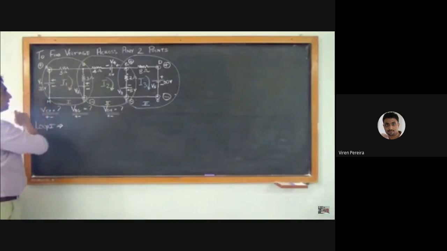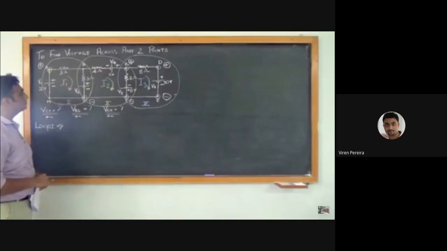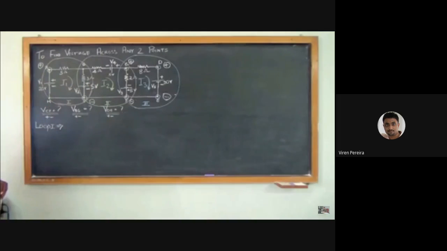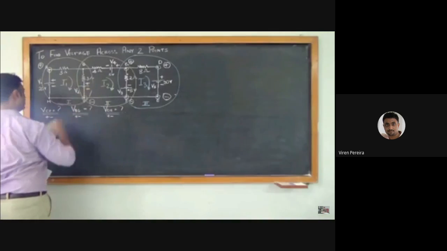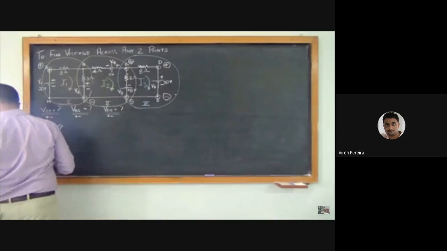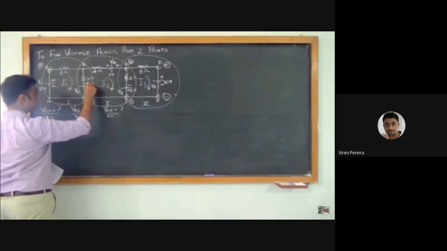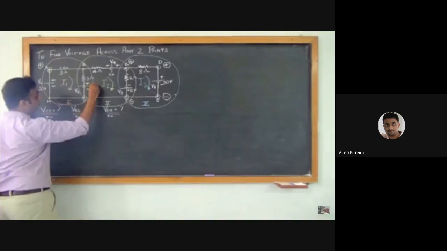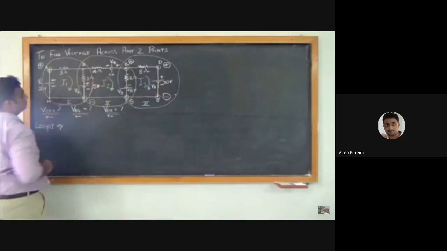So it will be plus 20 minus 5 volts, and the V2 value is equal to 5 volts.